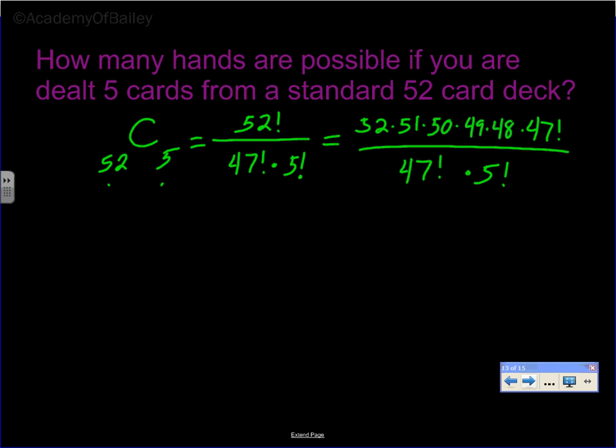We know that we can cross off 47 factorials. And let's go ahead and multiply those numbers out. I could change 5 factorial to something like 5 times 4 times 3 times 2 times 1. And therefore, I know 5 and 2 will make 10, which will reduce with 50.